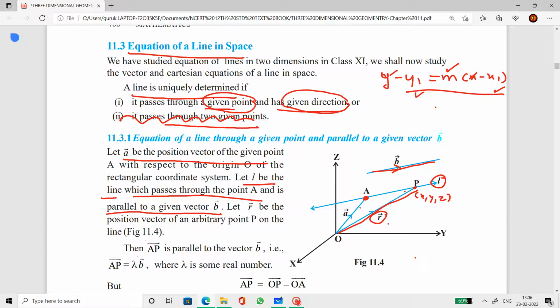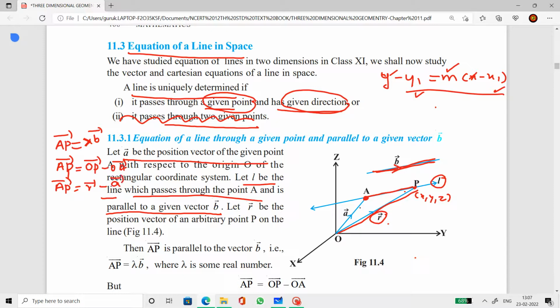Now, as per the question, AP is a line segment which is parallel to this line. Right. So that means AP vector will be lambda times B vector. Parallel means one is proportional to the other. Correct? So AP vector is lambda times B vector. Now how do we find AP vector? Using position vectors, we find AP as OP vector minus OA vector. So AP vector equals OP vector, which is R vector, minus OA vector, which is small a vector.